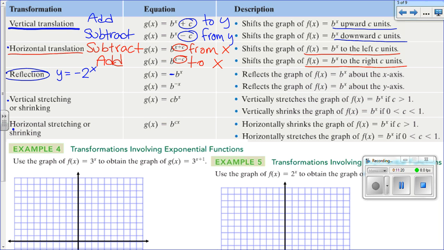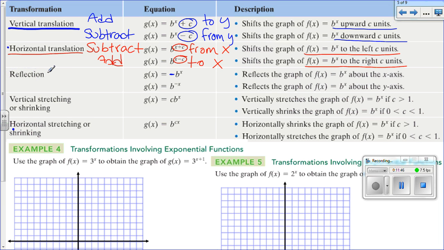It will not make it exponential. Because if we do something like negative 2 to the power x, depending on if the exponent is odd or even, we're going to be getting positive, negative, positive, negative. So that is why the base cannot be negative. So for reflections like that one, the negative must be outside, not inside parentheses. You have to make sure of that.